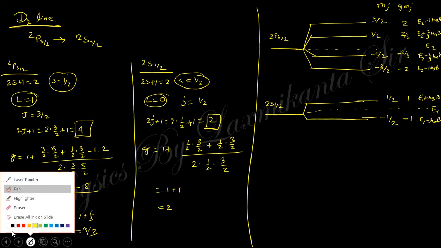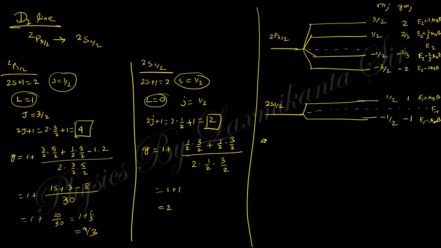So the first condition: delta mj equals plus 1, that is final minus initial will be plus 1. So this minus this, and plus up minus up, give you delta mj equal to 1, and the other one, minus up and 3 by 2, also gives you delta mj equal to 1.